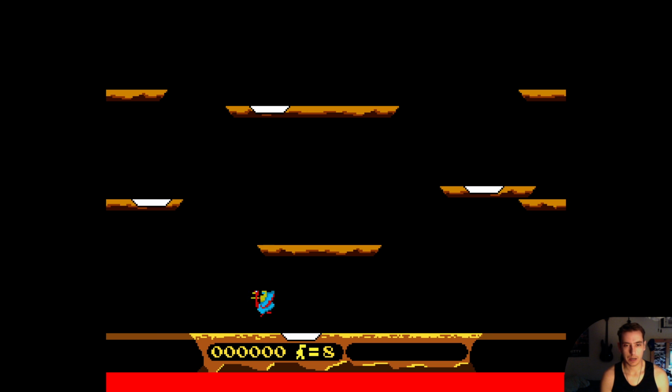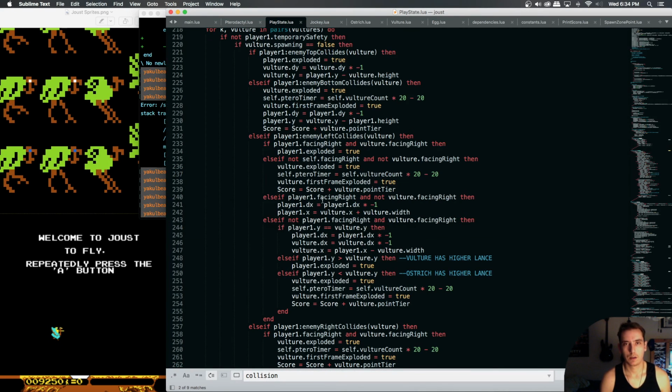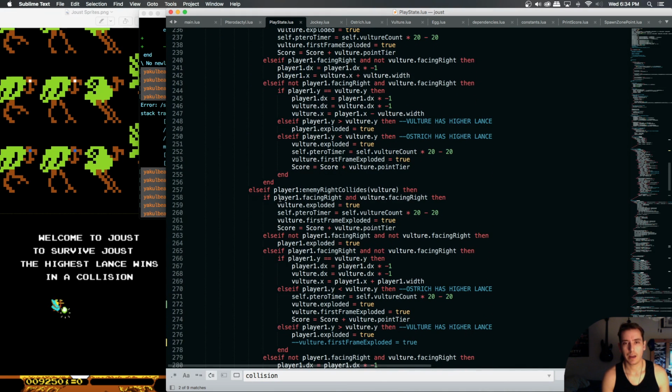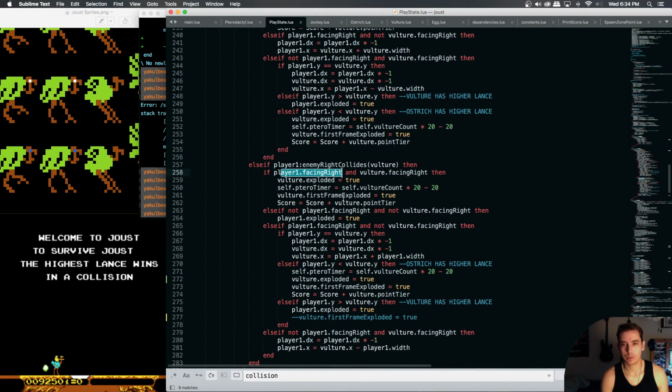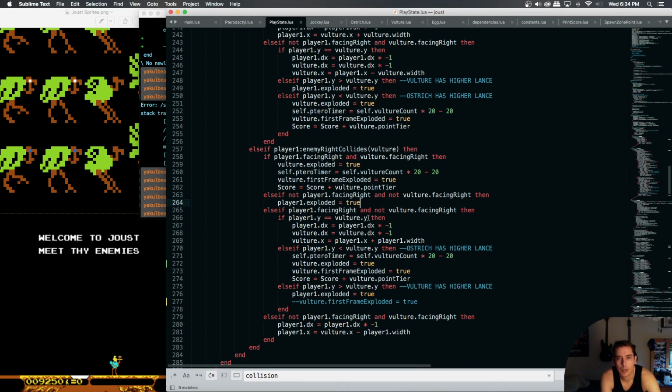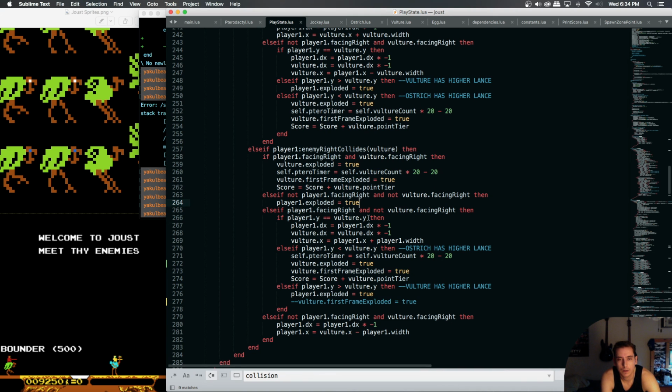It was if it was an enemy right collision. So enemy right collision right here, and I was facing right and the vulture was facing not right, then player one is exploded. That's all we do. So why is an egg popping out of there?